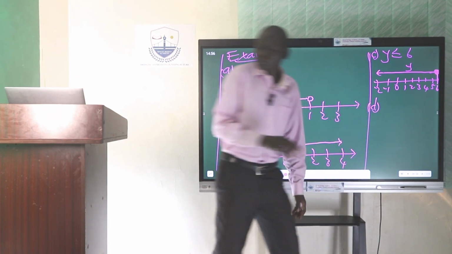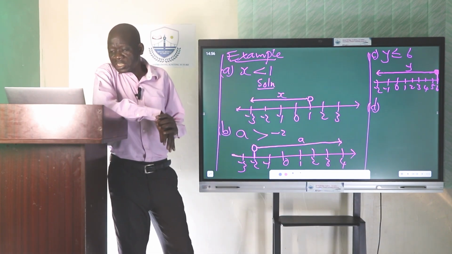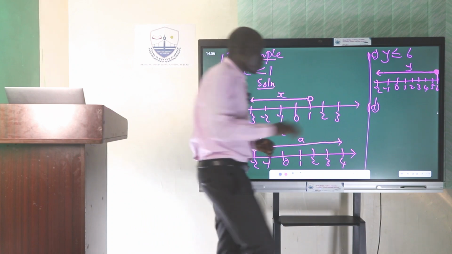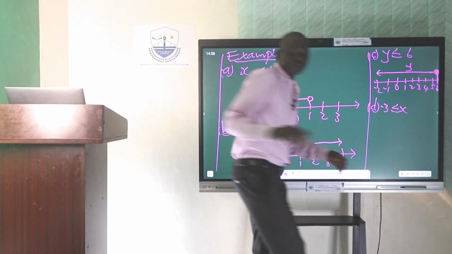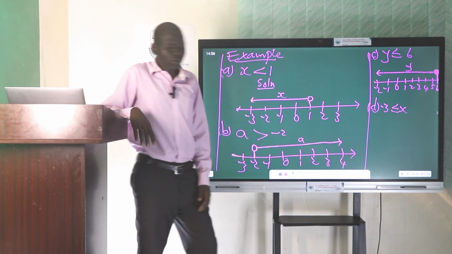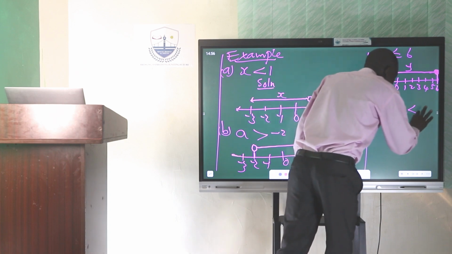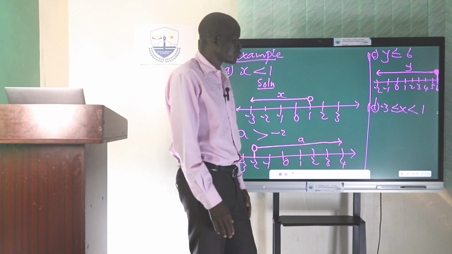Part D, we have -3 is less or equal to x, and x is less than 1. We still follow the same process.